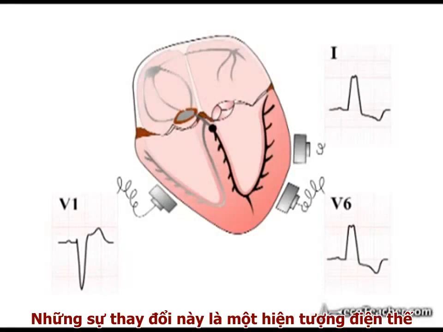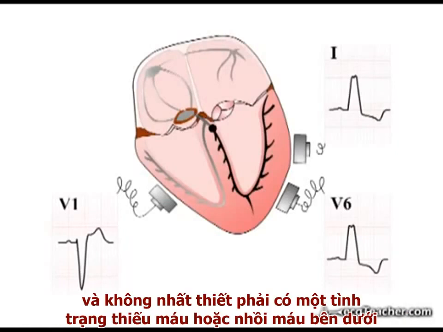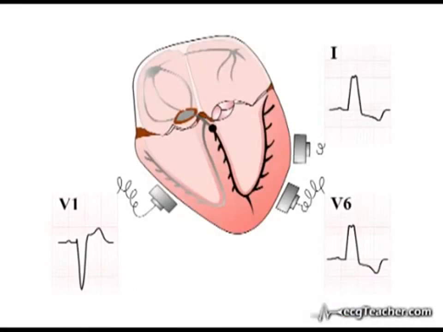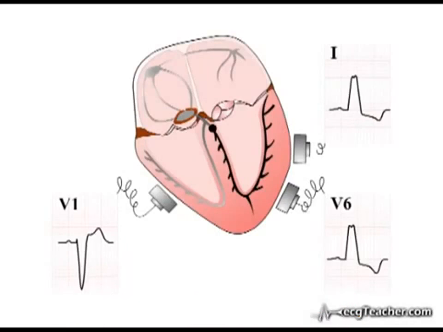These changes are an electrical phenomenon secondary to the highly abnormal pattern of ventricular depolarization and do not indicate underlying acute ischemia or infarction. Left bundle branch block on an ECG is a highly abnormal finding.